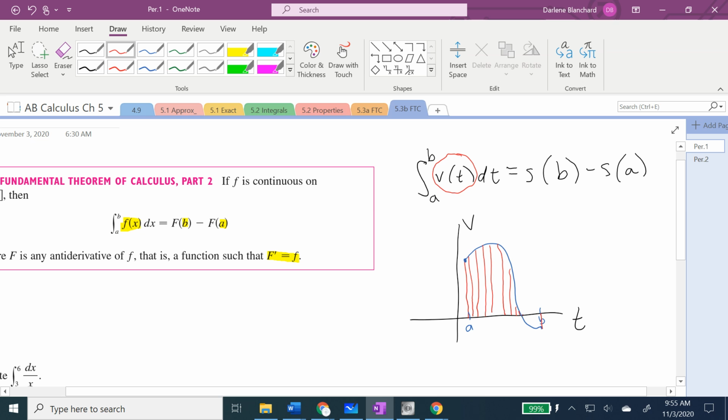And then when I hit my velocity being 0, that's when I change direction and I head in the negative direction and I start backtracking. So I end up subtracting away a little bit of that distance gained. And that's exactly what displacement does.